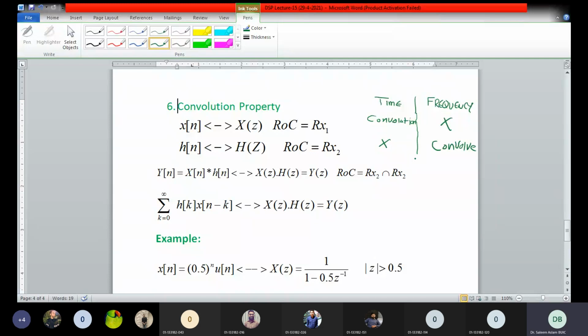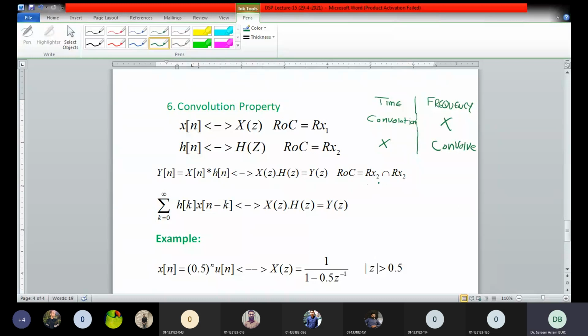This property says that if you have a signal x of n whose z transform is X of z with ROC Rx1, and you have another sequence h of n whose z transform is H of z with ROC Rx2, and you convolve them in time domain, x of n convolution h of n, this is equivalent to multiplying their z transforms. Since we are convolving in time domain, we are multiplying in frequency, right?